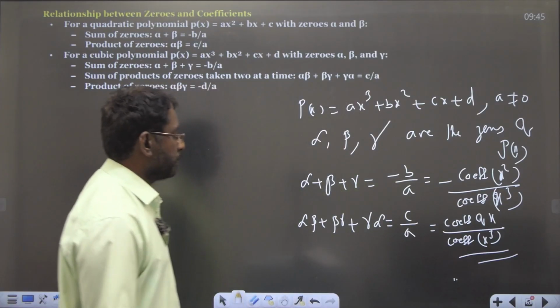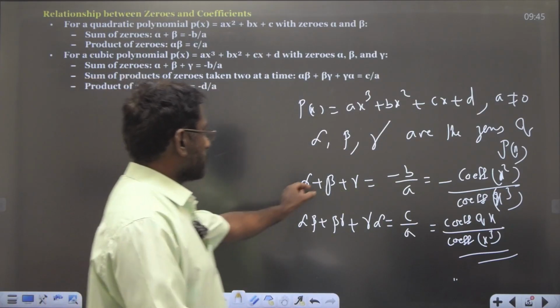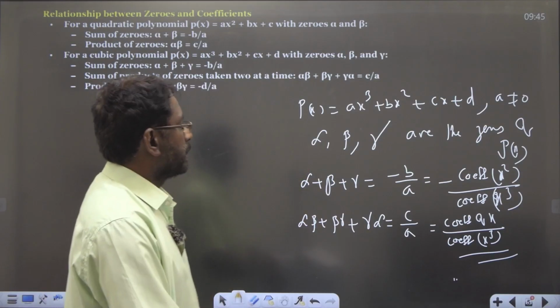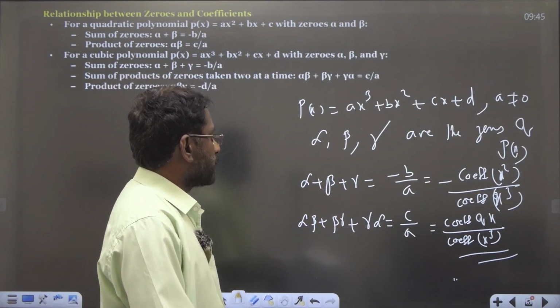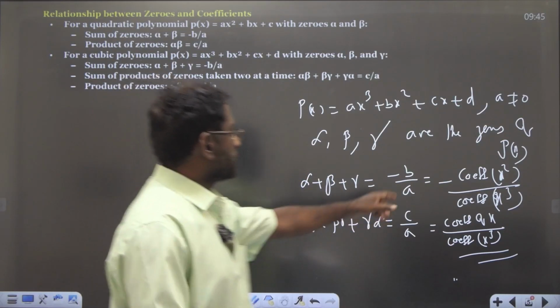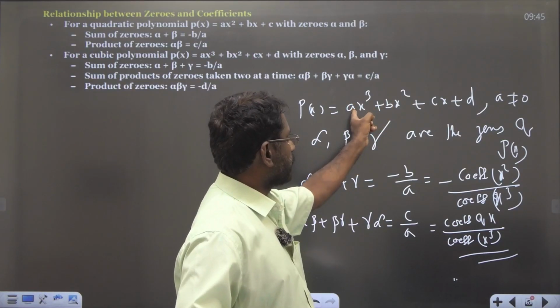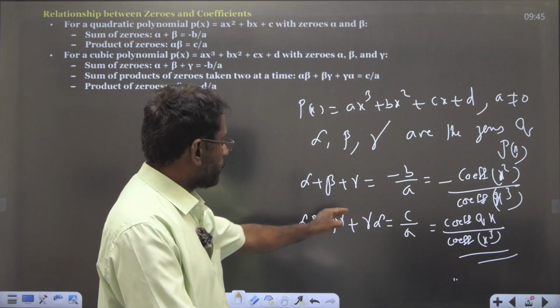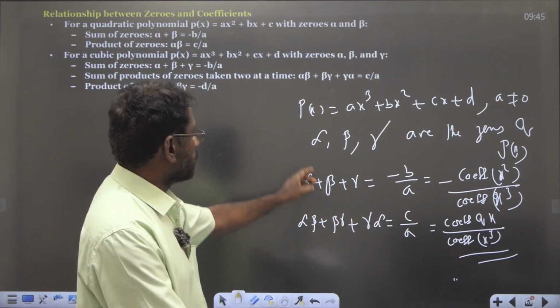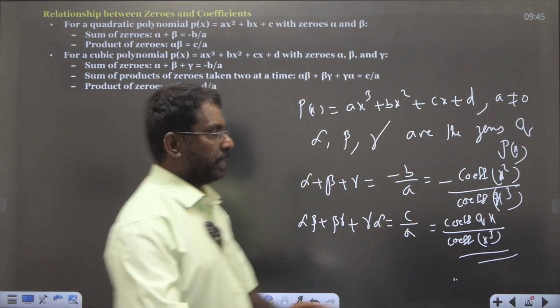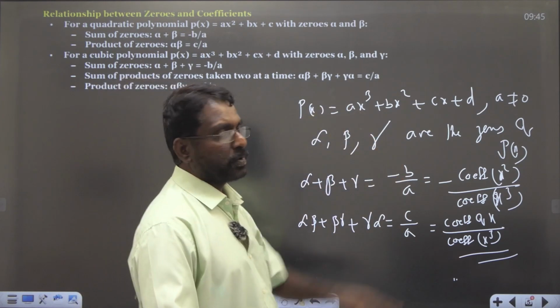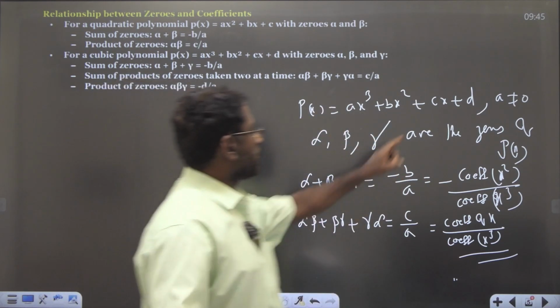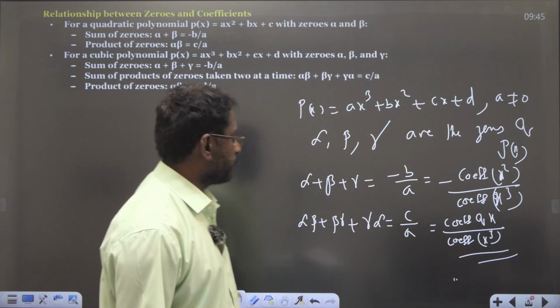Very, very important formulas. First formula regarding the third degree polynomial: alpha plus beta plus gamma is minus B by A, that is minus coefficient of x square divided by coefficient of x cube. Alpha beta plus beta gamma plus gamma alpha is equal to positive C by A, that is coefficient of x divided by coefficient of x cube.